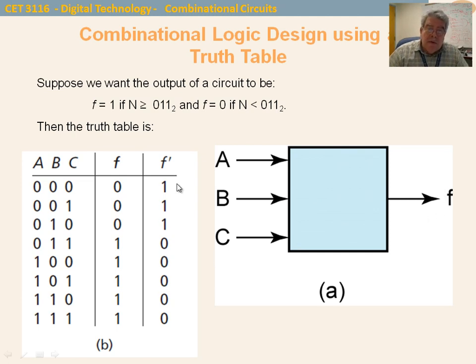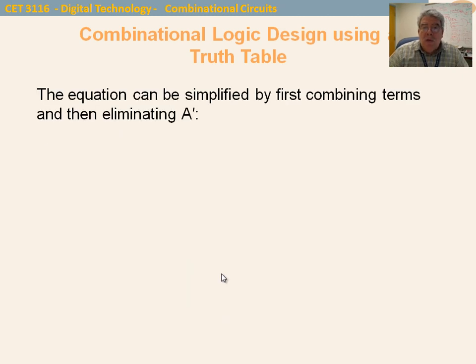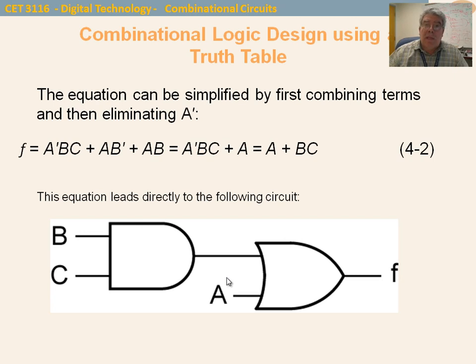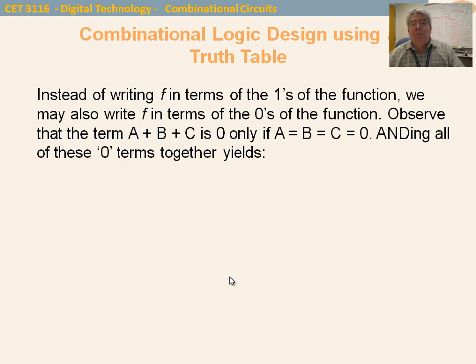What is the interest for us in doing this? It is to show that instead of working with each one of the rows that are 1, we can do exactly the same thing with the rows in which we have a 0. So instead of writing f in terms of the 1s of the function, we may also write f in terms of the zeros of the function.